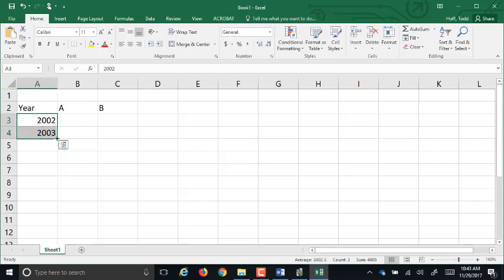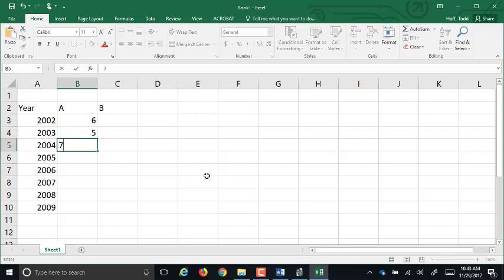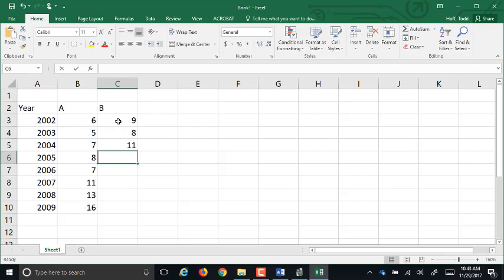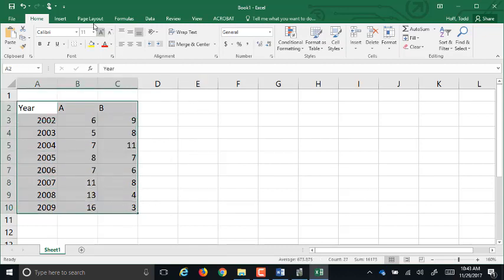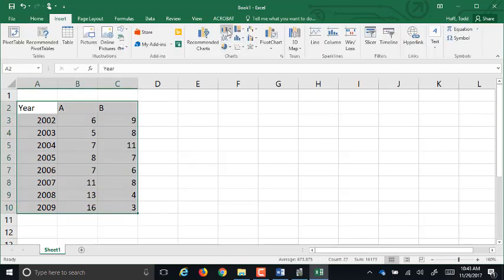And we're going to do some rough data here for it. We'll go 2002 to 2009. Okay, so there's our data. Let's do a quick graph here, see what we can come up with.